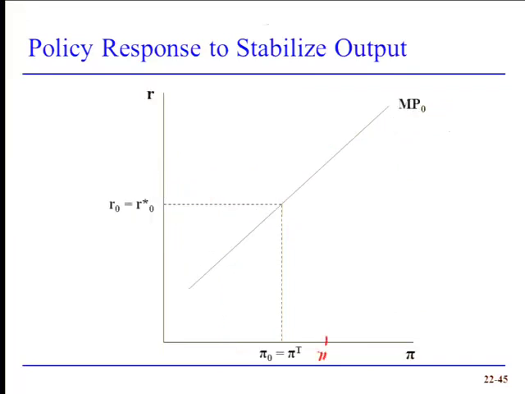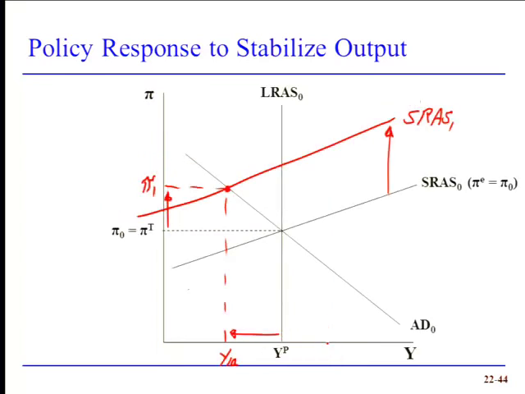Higher inflation leads to a higher real interest rate. But now we have a short-run equilibrium. It's not long-run equilibrium. And the central bank was going to target either economic output at potential or the unemployment rate at the natural rate. So they want to bring economic output back to potential.